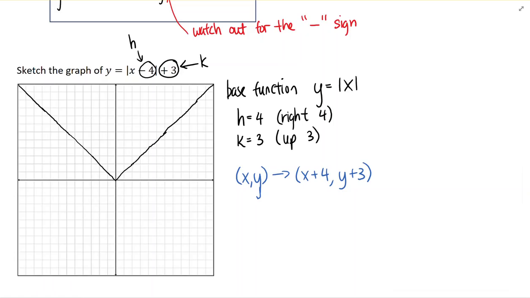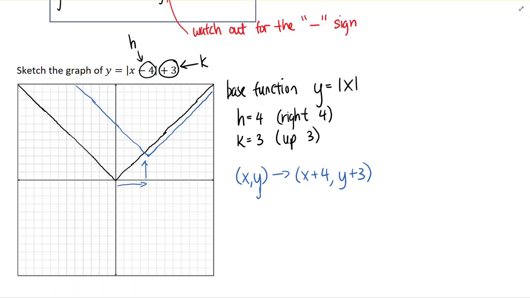You're going to move 4 to the right, and then you're going to move 3 up. So you're moving to here. So from there, you're going to graph it. Probably just do one side at a time. So that blue one there is corresponding to the graph that we're supposed to draw. So that is that one there.